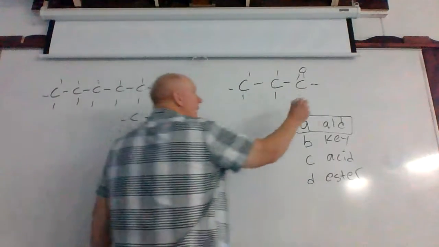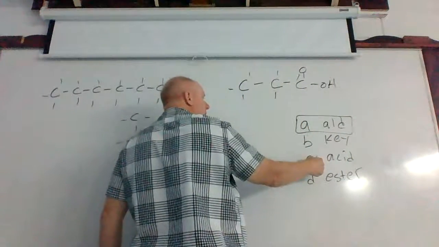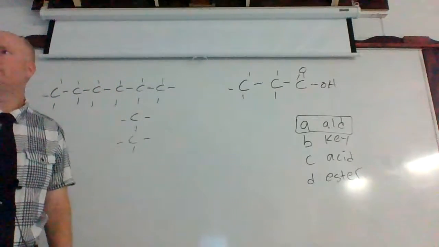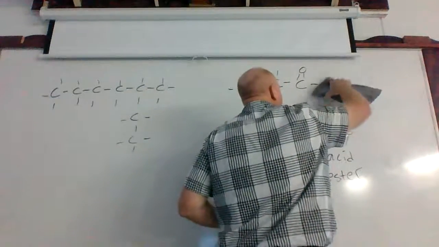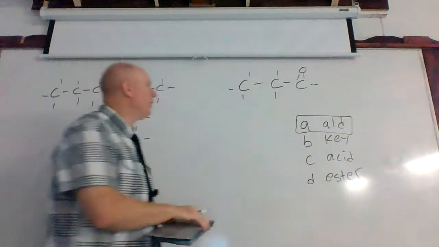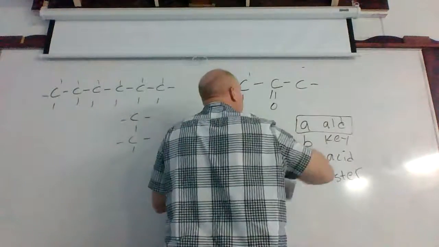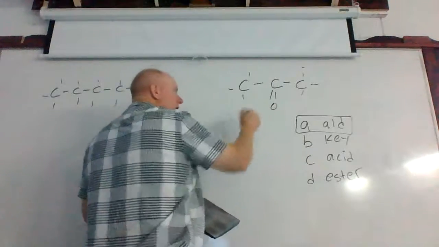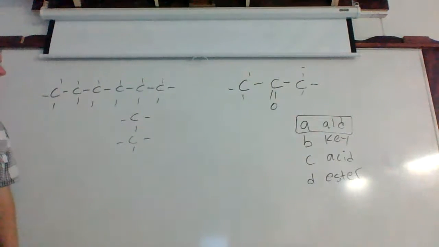We just put an OH on here. Now we would say we've got an acid. Can we change that to a ketone? Sure, but we've got to get rid of this. And what do we have to do with that double bonded oxygen? Move it to the middle. There it is. Now we've got your ketone, because the double bonded oxygen is not on the ends.